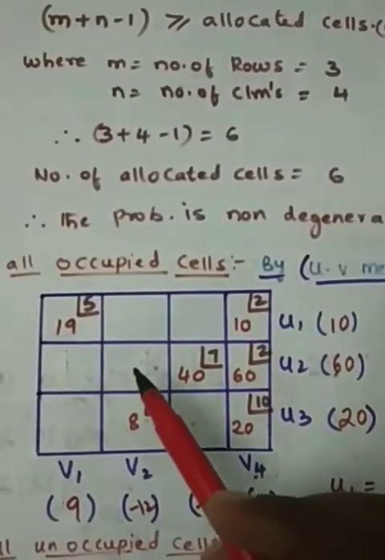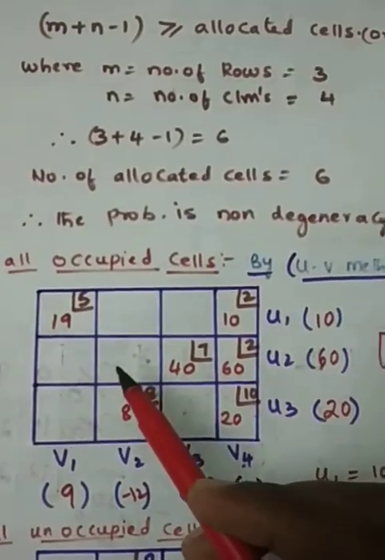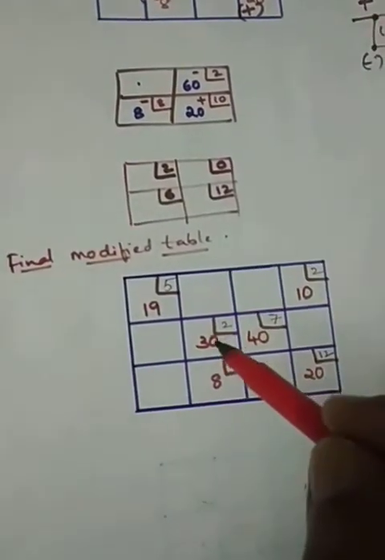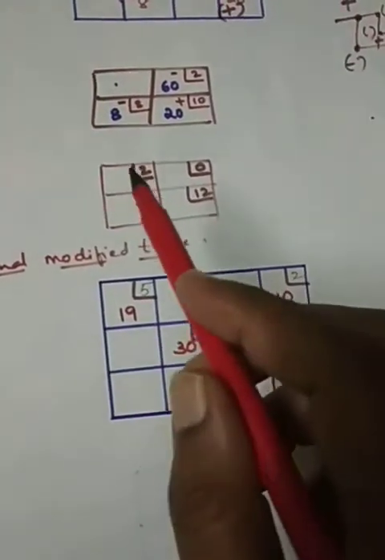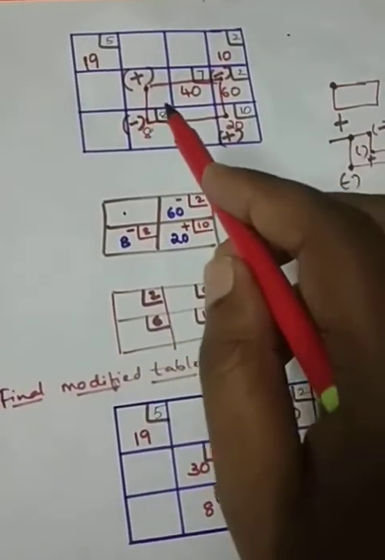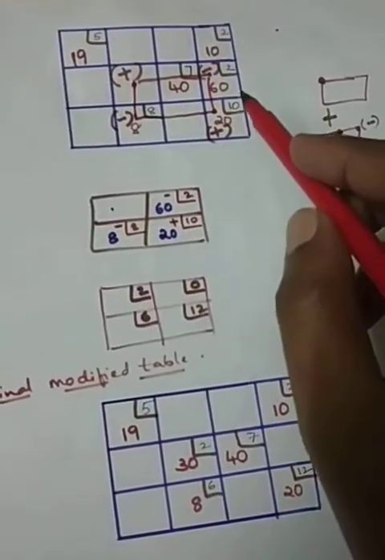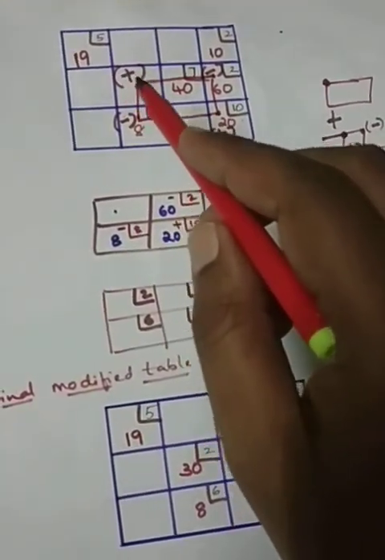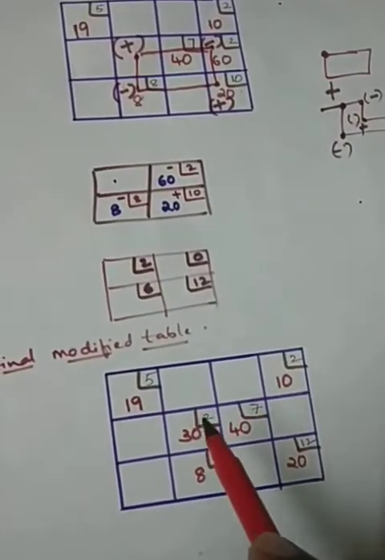The second row, second column was an unoccupied cell, but after modifications, this is the modified table. Now the second row, second column is an occupied cell, because we have assigned a positive sign and the least among 2 and 8, which is 2, is added there. Therefore it becomes an occupied cell.